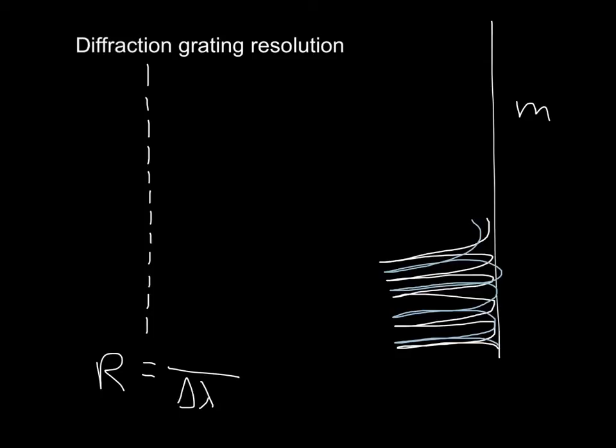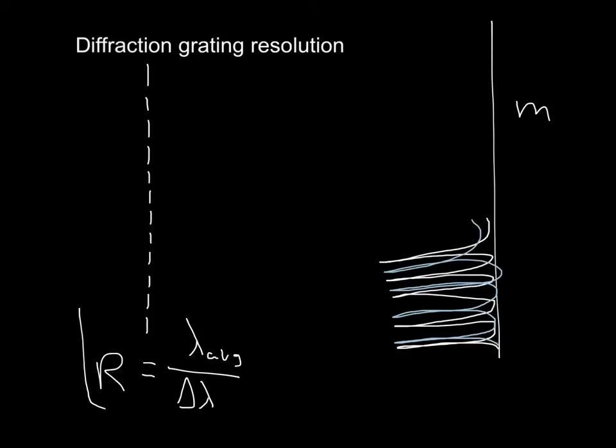We could take any wavelength, but in order to be fair, we're going to take the average wavelength that goes through here, so that we're really comparing the smallest difference in wavelength that it can detect to how big the wavelength is that's coming through. So here I'm going to put the average wavelength that's going through the diffraction grating.